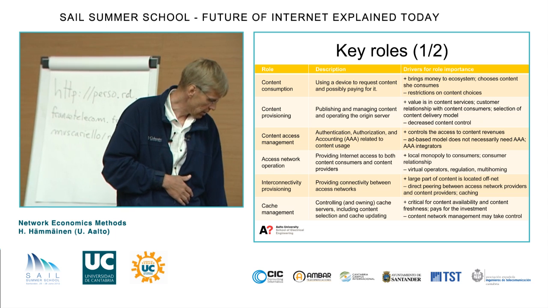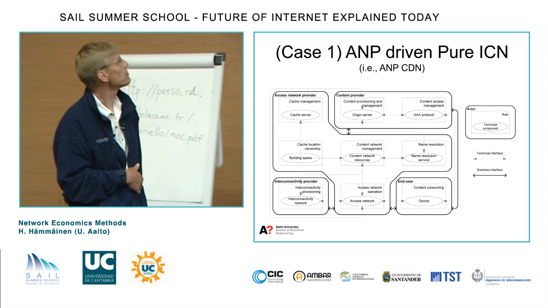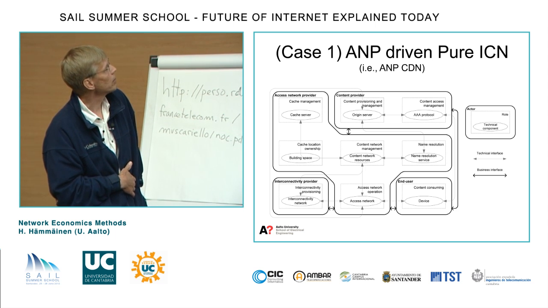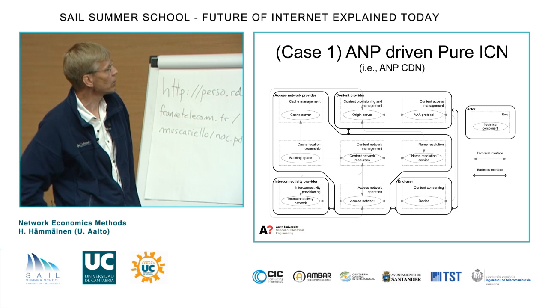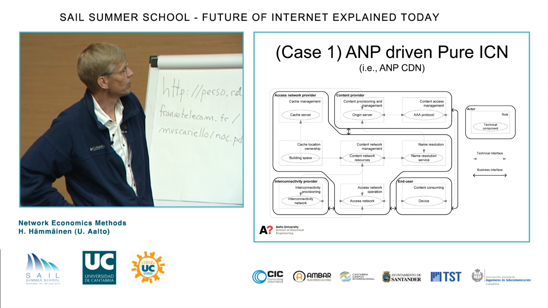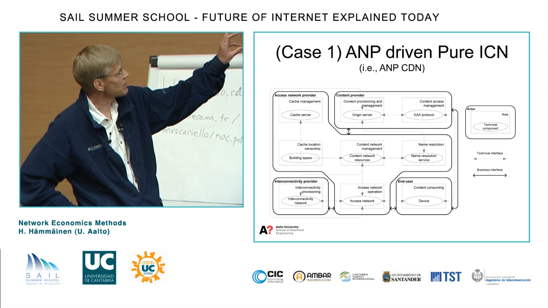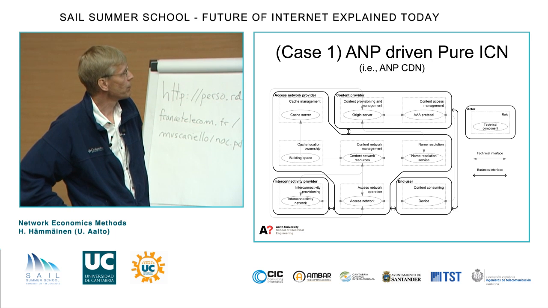Okay, this is again about key roles, but let's not stick here. So this is the first case, access network provider driven pure ICN. And I have used the yellow color here to make it easier to see the access network provider role. So here the access network provider is the strong player, and has taken all the cache functionality roles.